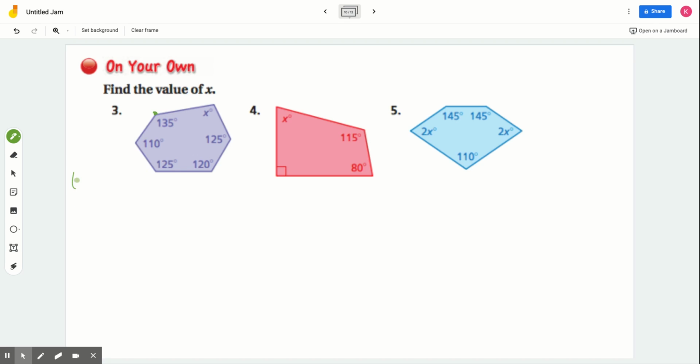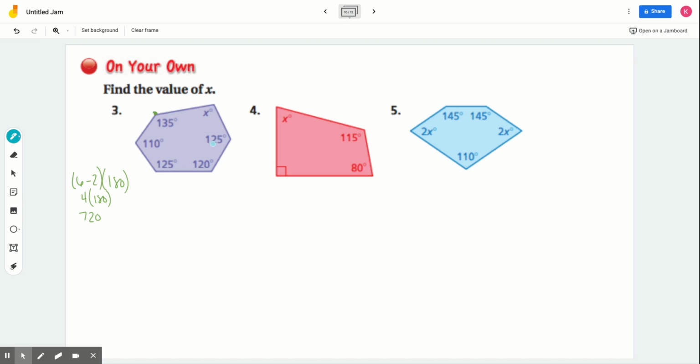So we can use our rule to find the total number of degrees. 6 take away 2 is 4, and 4 times 180 is 720. So we know that the interior angles of number 3 have to have a sum of 720.